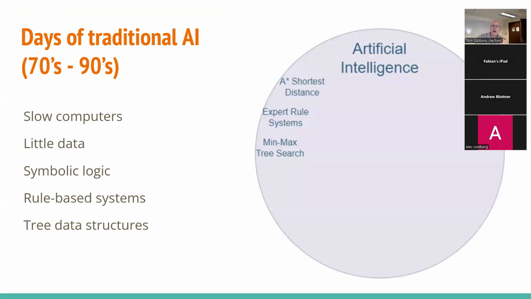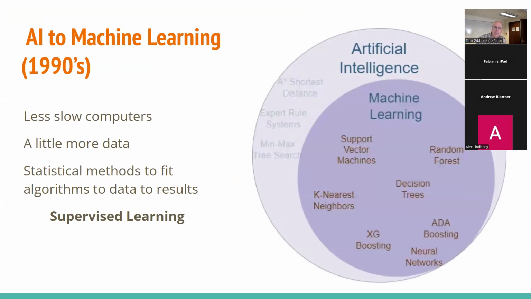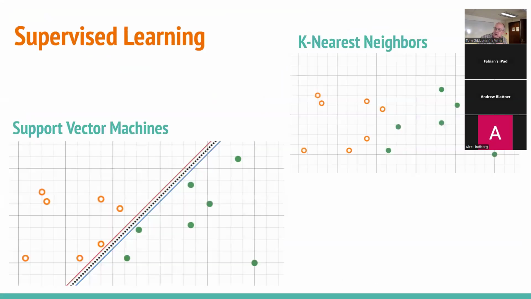So we talked about the early days, and we really didn't do much with these early systems. We used to do more in this class, but nowadays most of that we're not looking at. Then we looked at what we call machine learning, which again is a subset of artificial intelligence. We looked at some of these models: support vector machines, random forest, decision trees, k-nearest neighbor, and a little bit of neural networks. And again, we worked with these models.